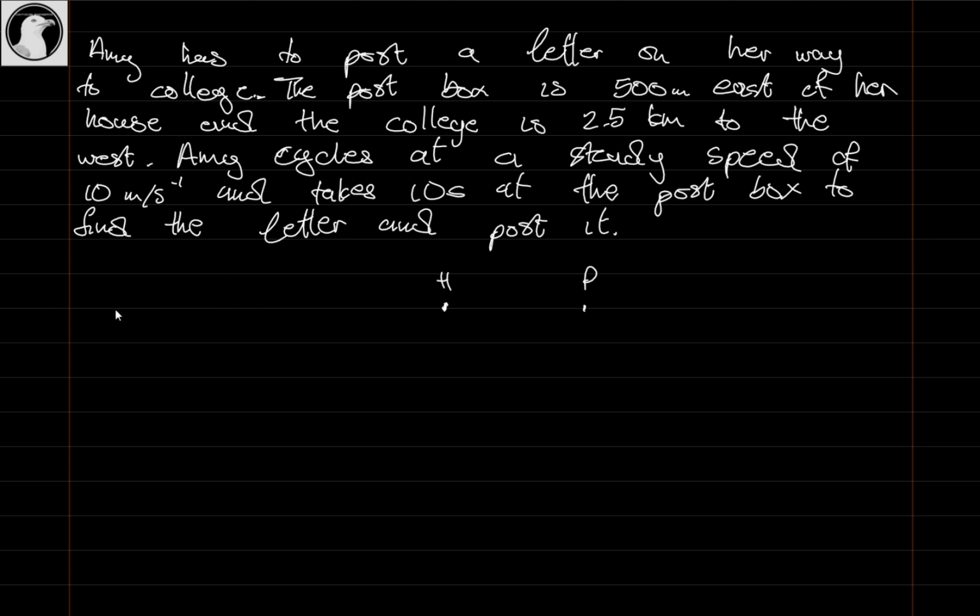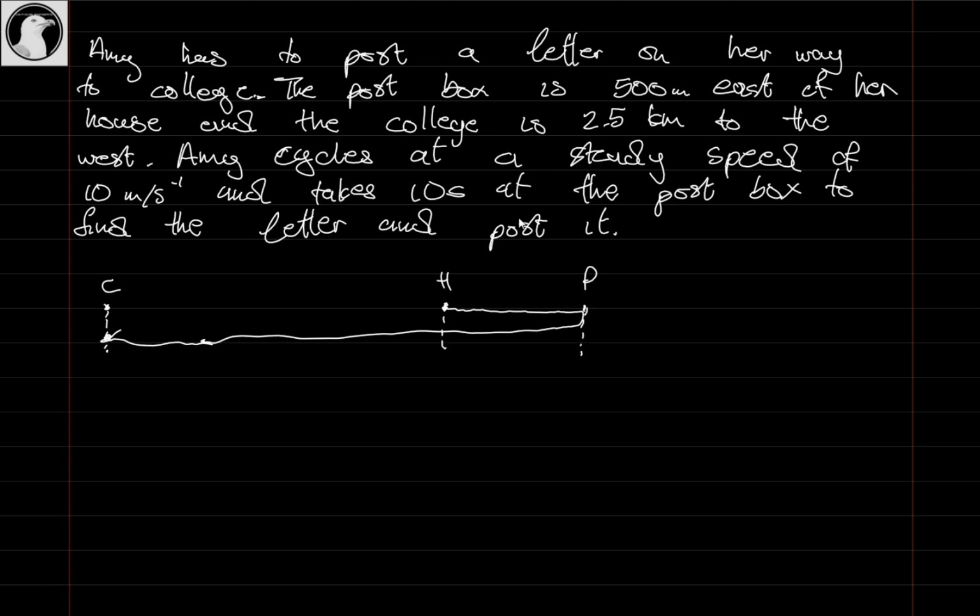And then let's say her college, which is at the west, let me mark it with a C. She goes from her house, she travels eastwards, then she goes back, sorry for my squiggly line, to college. Okay, so these are our main points.